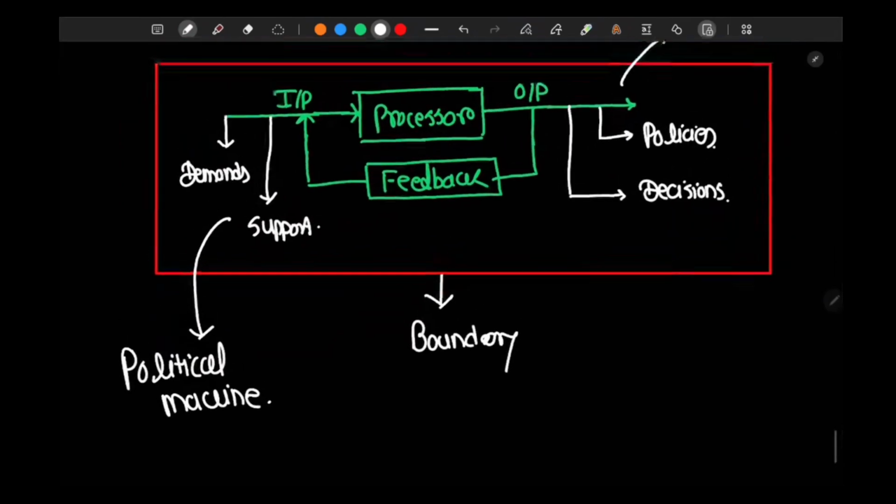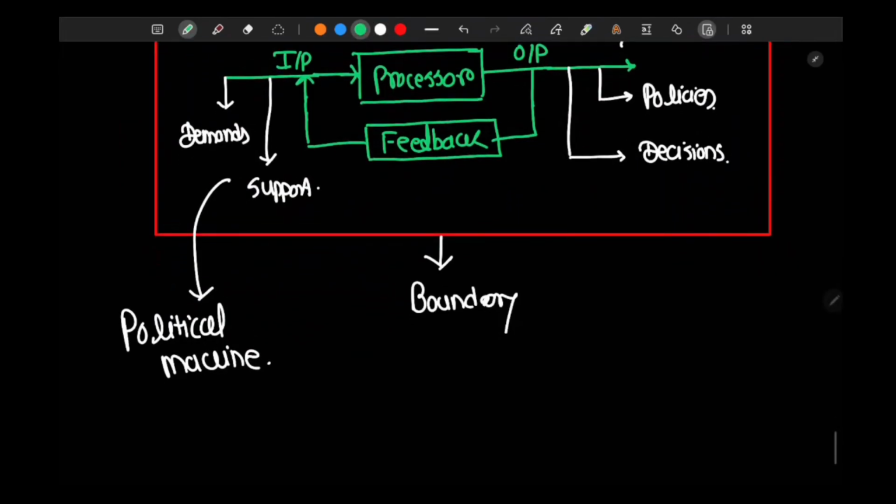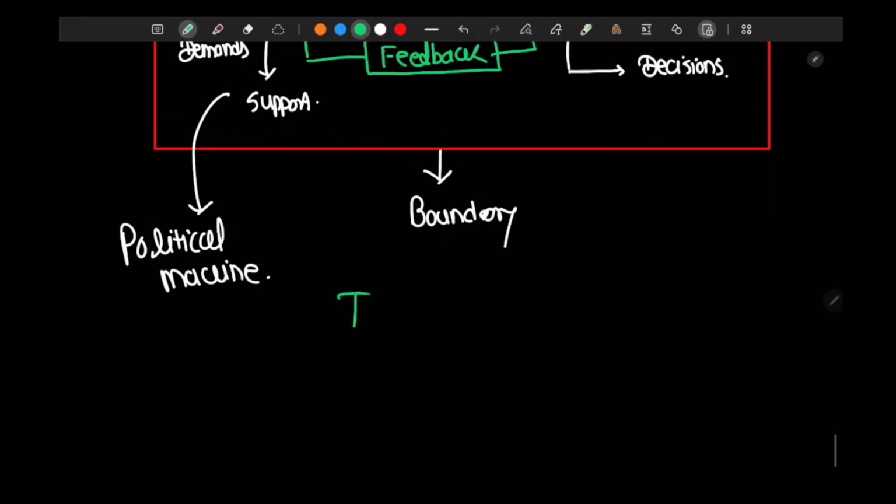That is the idea. I will explain all this in quite a detail. Do not worry. Just keep a mental map of this system, and we'll try to understand every element one by one. This model is also known as the input output model.